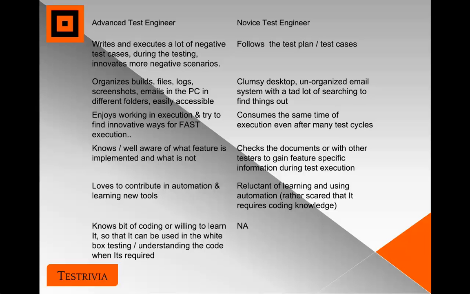If a product is being tested for 3 cycles, it's less likely to give you good defects. It will never give you good defects if all the positive scenarios are covered, raised and fixed. On the go, you should innovate negative scenarios, plan for negative scenarios.